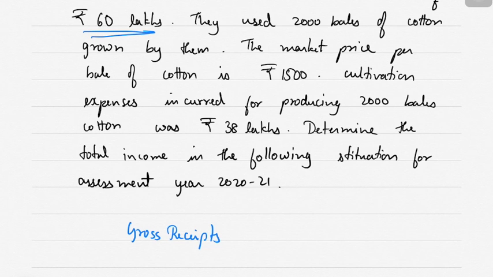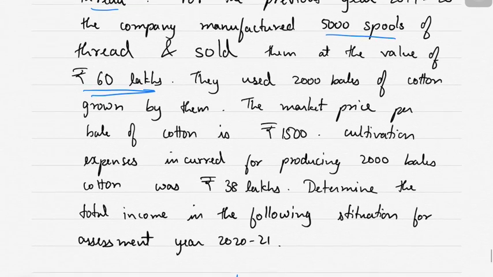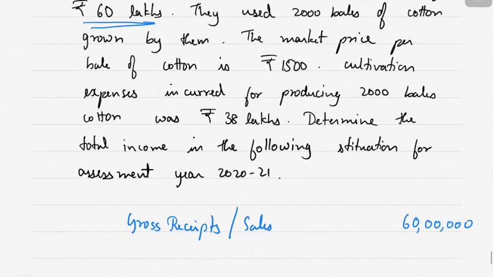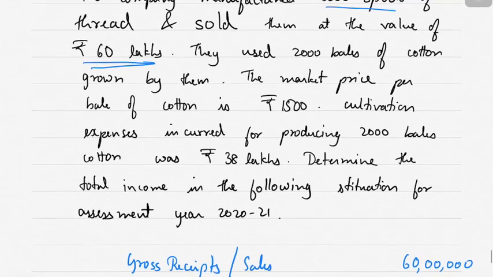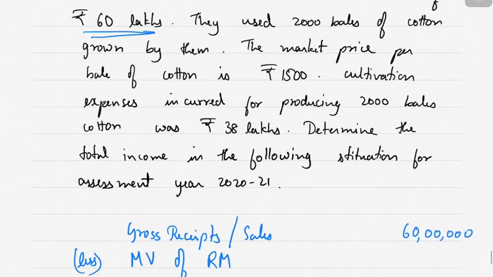So, your gross receipts, or you can say your sales, in this case is 60 lakhs. Out of the 60, you subtract the market value of raw material cultivated.